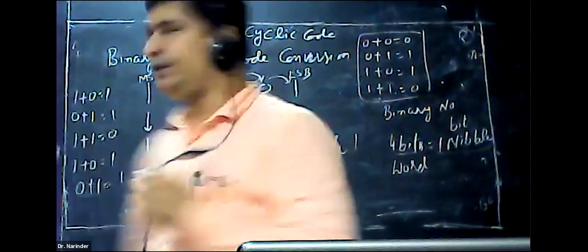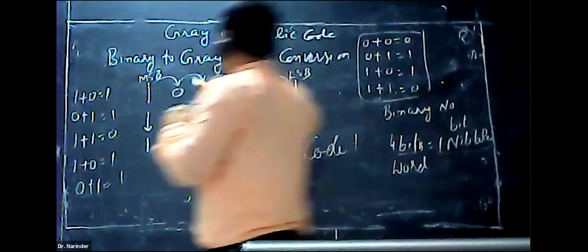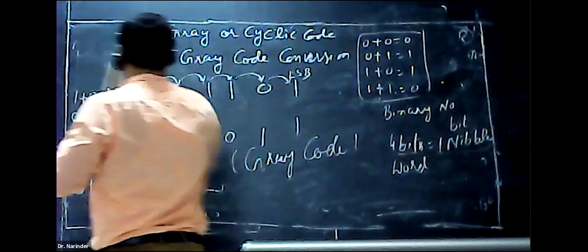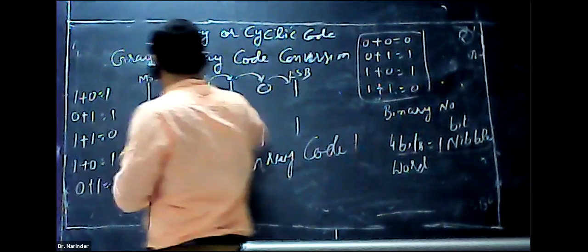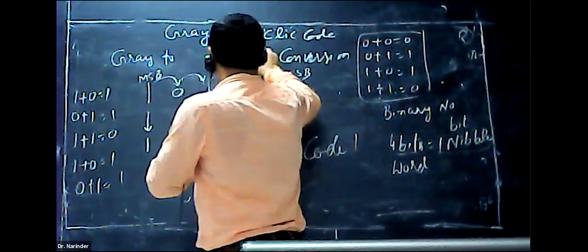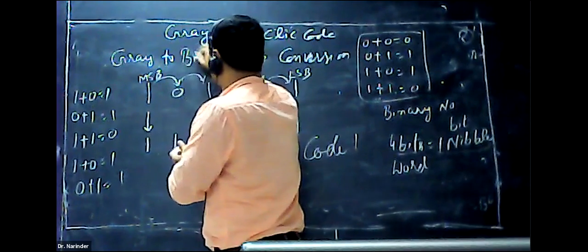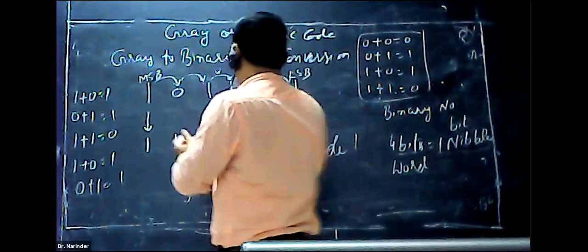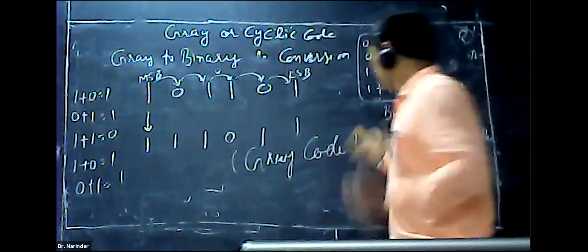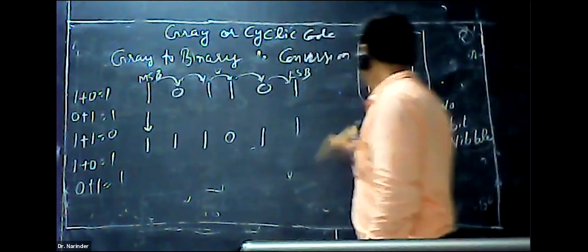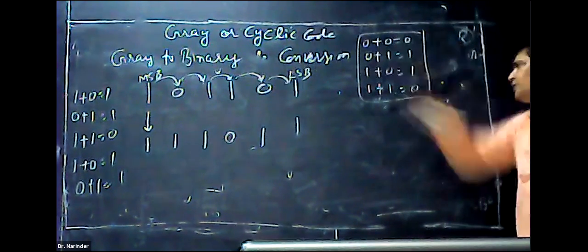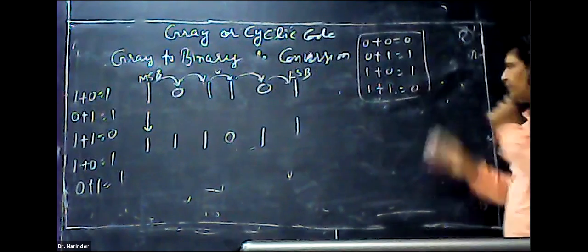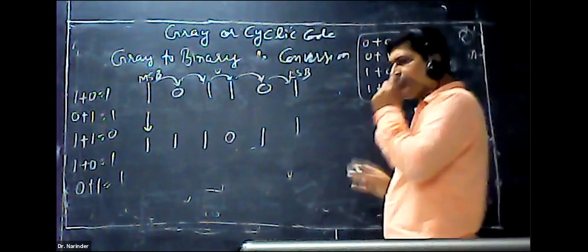Now we will learn the gray to binary code conversion. The method would be the same. 0 plus 0 is 0. 0 plus 1 is 1. 1 plus 0 is 1. 1 plus 1 is 0.